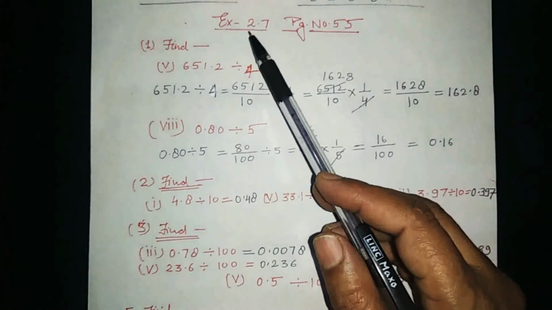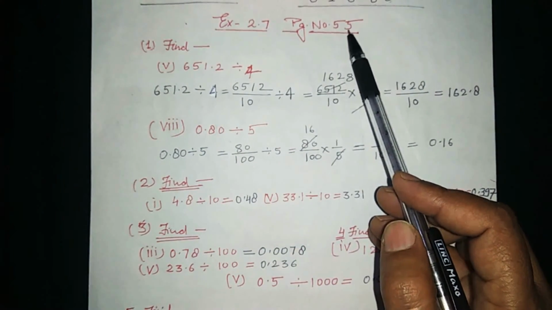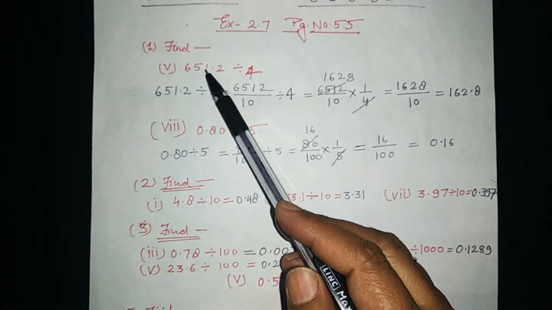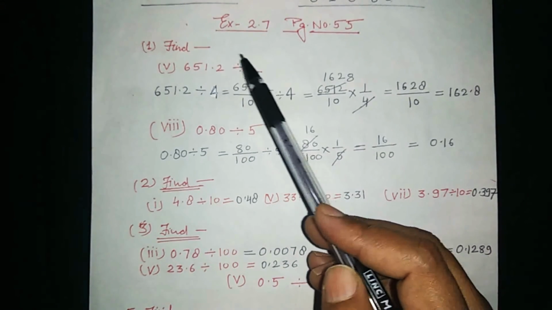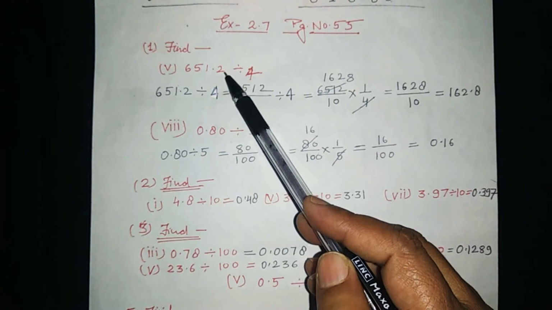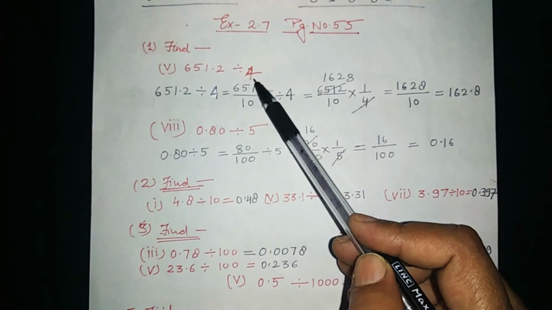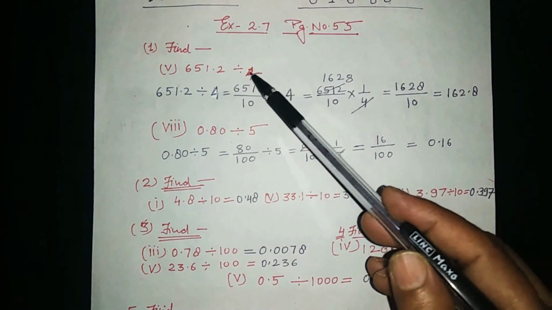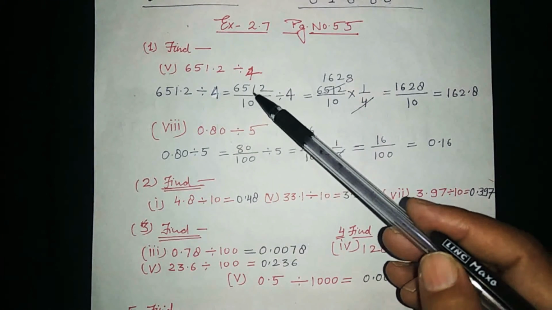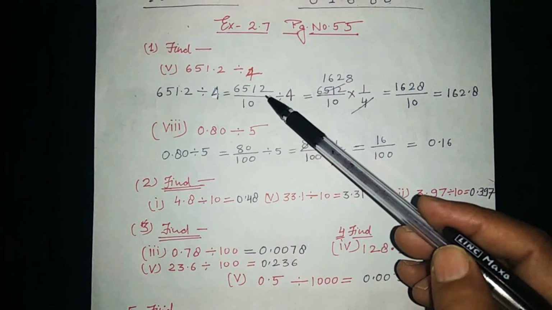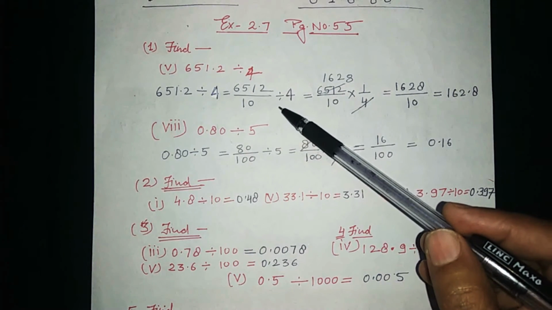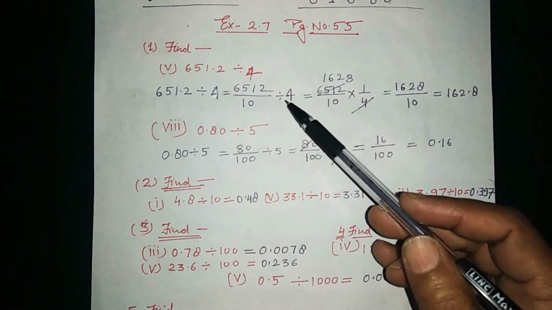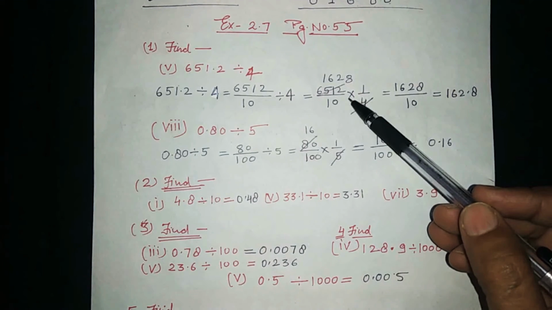Now see exercise 2.7, page number 55. Here, first question, find the fifth part, 651.2 divided by 4. Here, 651.2 is a decimal number and 4 is a whole number. So, 651.2 we will write in the form of a fraction. So, the number will be 6512 divided by 10, and this we have to divide by 4. In the next step, in place of the division sign, we will put the sign of multiplication.